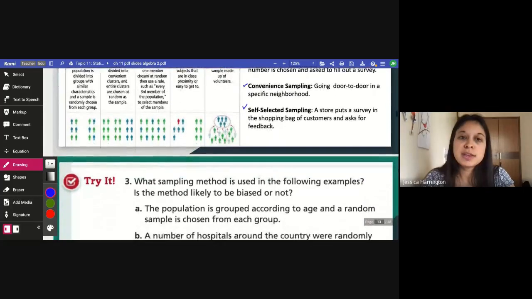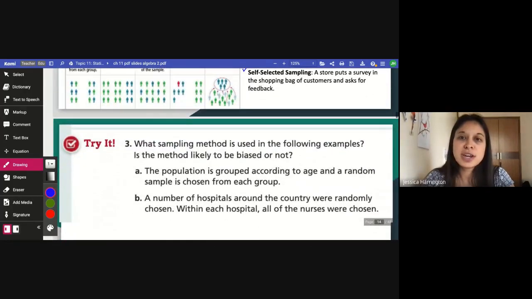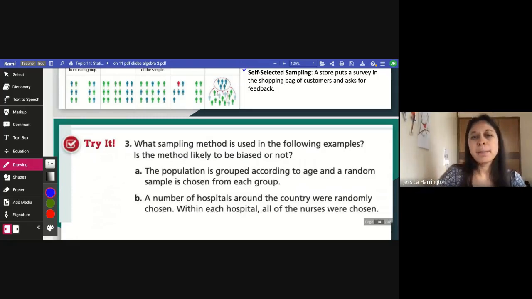Okay, so I want to give you two examples. I want you to take a second and think, which type of sampling method is this? A, the population is grouped according to age, and a random sample is chosen from each group. Take a second and go back. What type of sampling method is that? Or B, a number of hospitals around the country were randomly chosen.